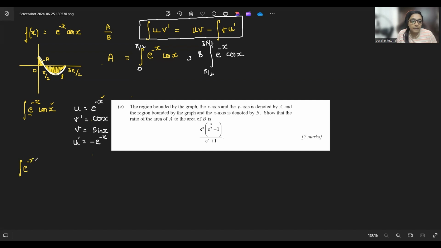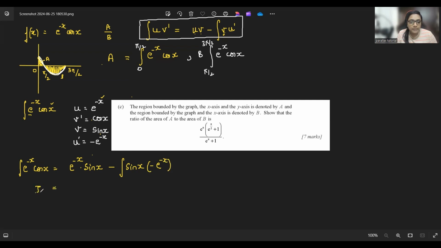Integral e to the power minus x cos x would be equal to u, which is e to the power minus x, into v, which is sine x, minus integral of v, which is sine x, multiplied by u dash, which is minus e to the power minus x. I hope this is clear.